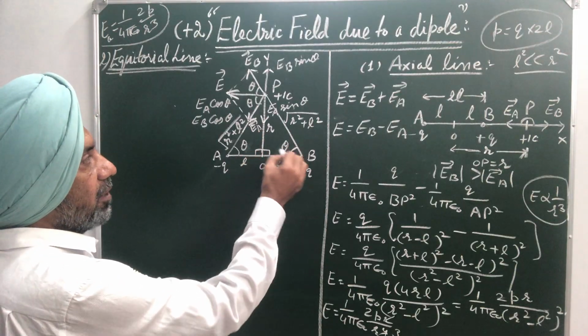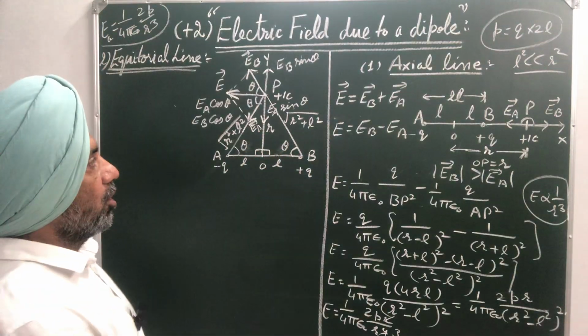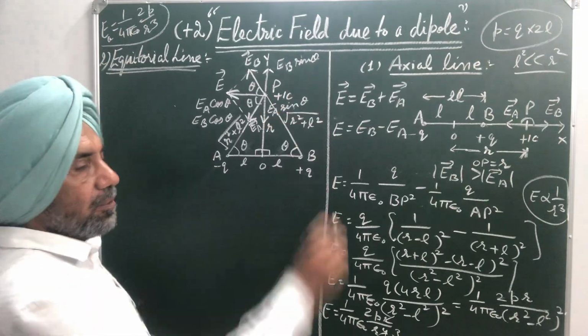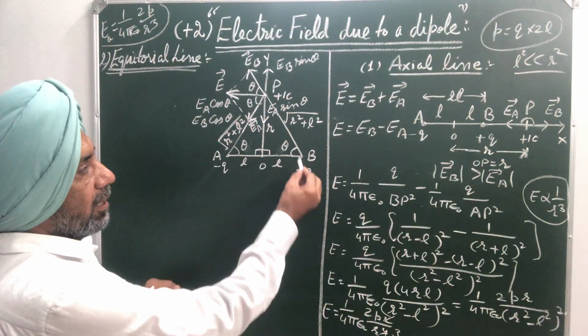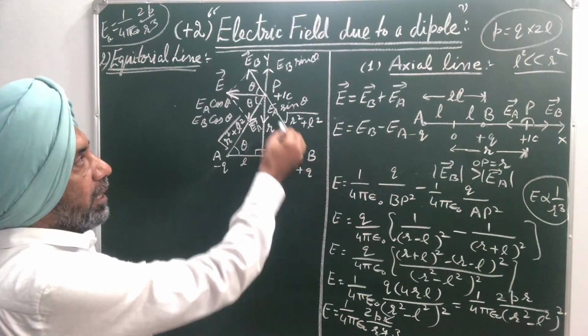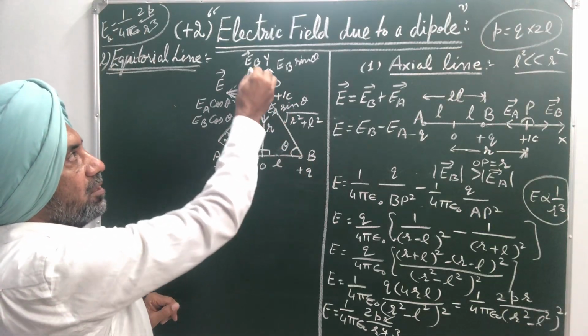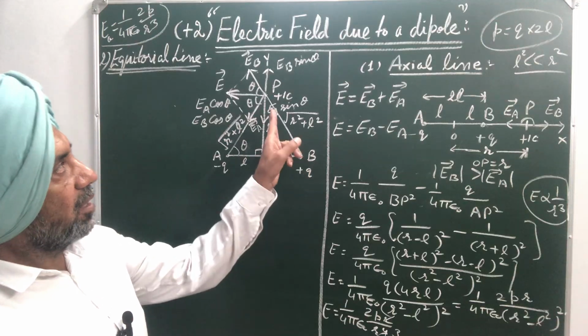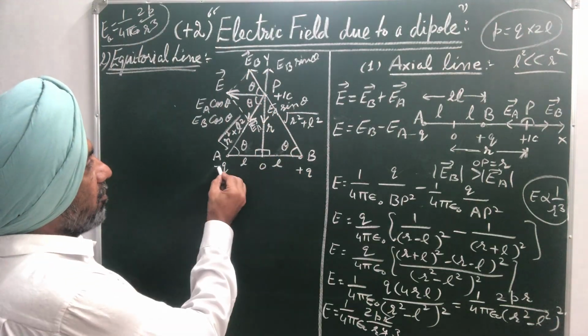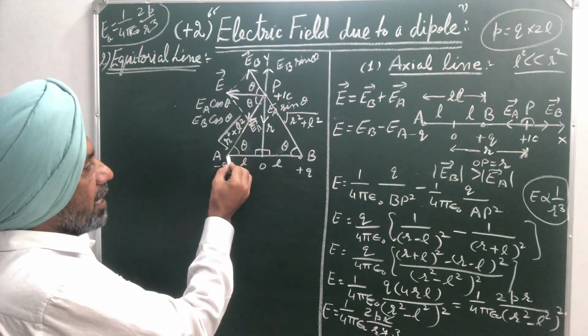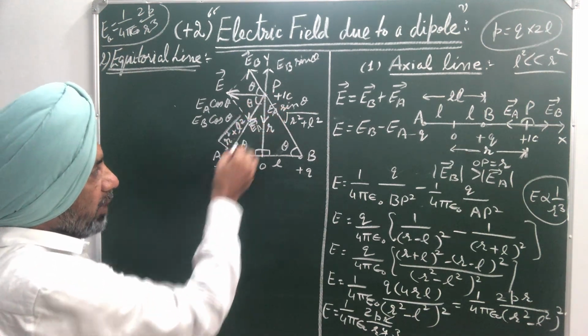Suppose this angle is theta. Now put plus 1 coulomb charge at P, because we have to calculate the electric field at P. Then the electric field at P due to B will be in this direction, because it is positive. And the electric field at P due to the charge at A will be along PA.